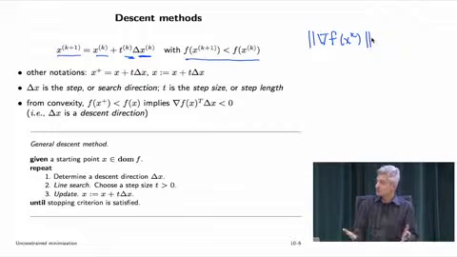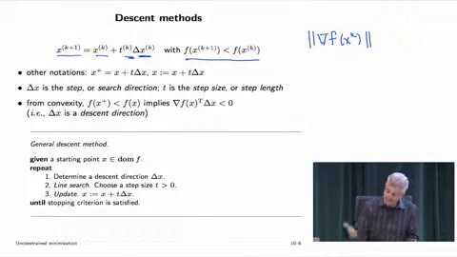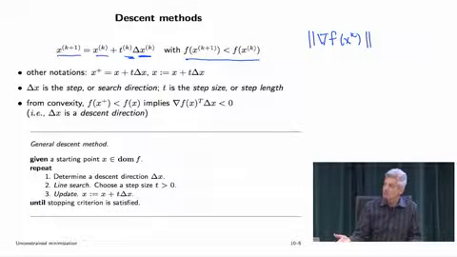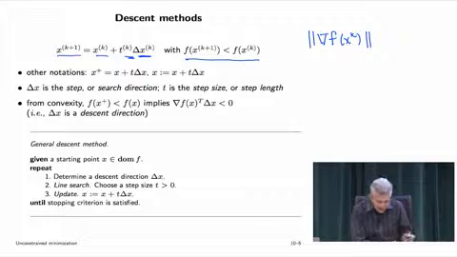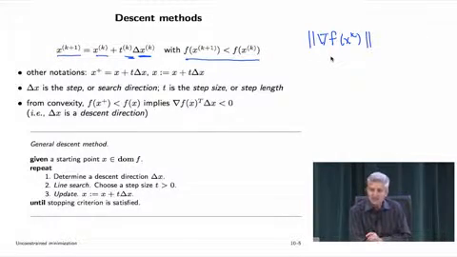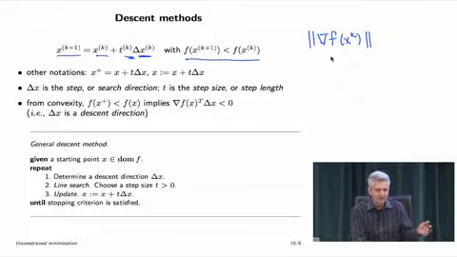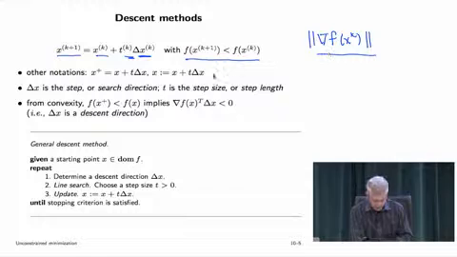Because what you're trying to do is find a point with 0 gradient. You'd say, well, this algorithm does the following: if the gradient's not already 0, it produces a new point with smaller gradient. That's the idea. So it doesn't have to be f. And we will later see algorithms for which something like this, or something more complicated but in this spirit, actually goes down rather than f.